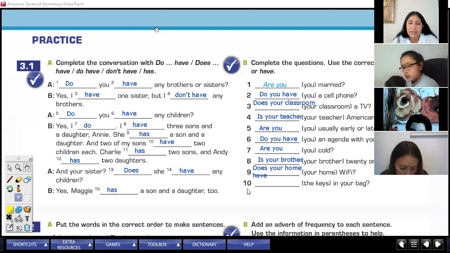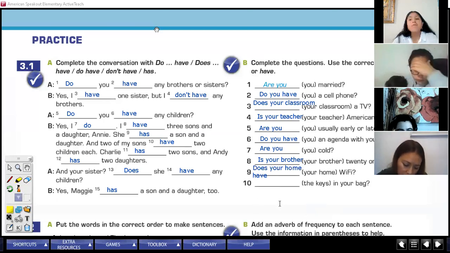And the last one, number 10, says the keys in your bag. Hablamos de nuevo de pertenencia. So, no, never mind. Could be both. A ver, ¿quién me puede dar 2 ejemplos? Uno con el verb to be y uno con el have.